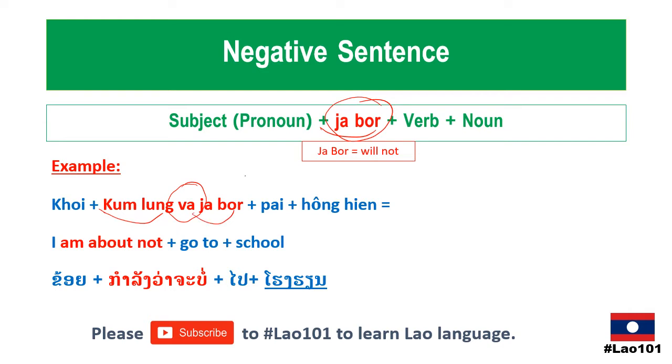So when compared to English it will be something like I'm about not to go to school. ค่อยกำลังว่าจะบ่ไปโรงเรียน, so I'm about not to go to school.